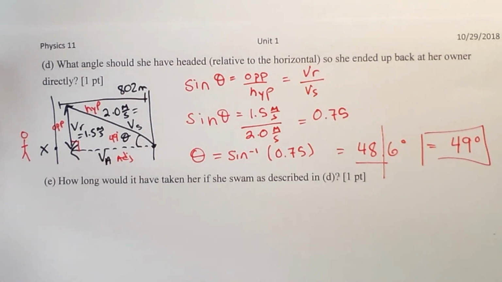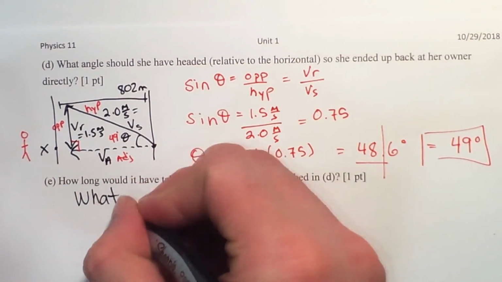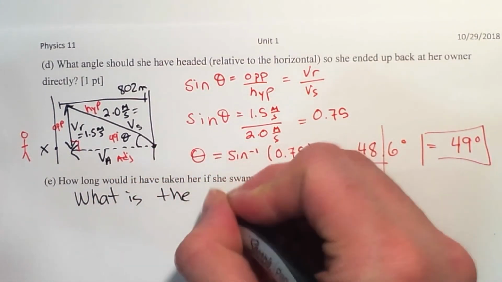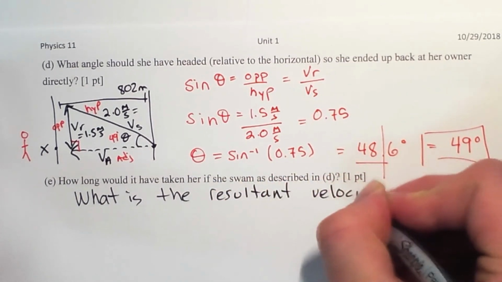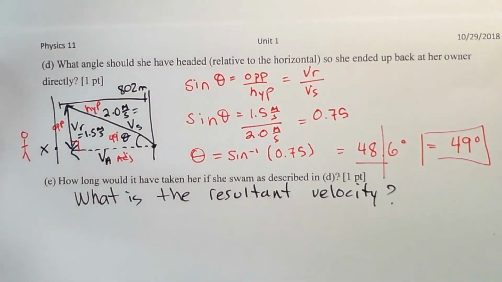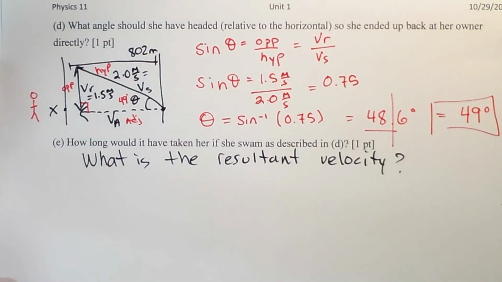So the final part of this question really is asking, once again, what is the resultant? And then once we know what the resultant is, we can figure out what we're looking at.